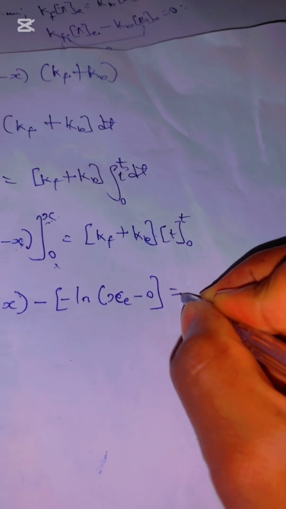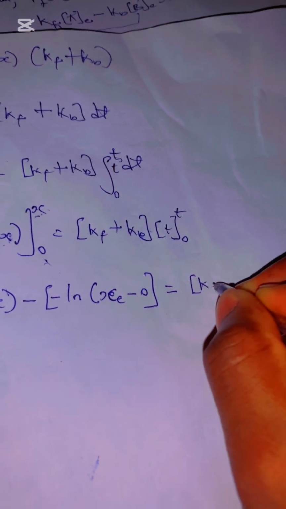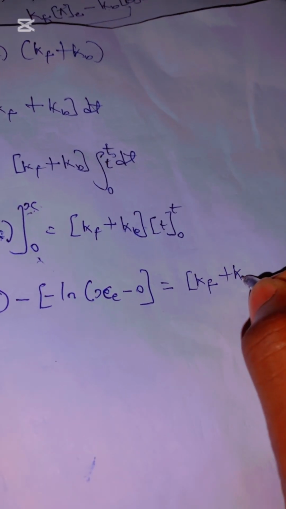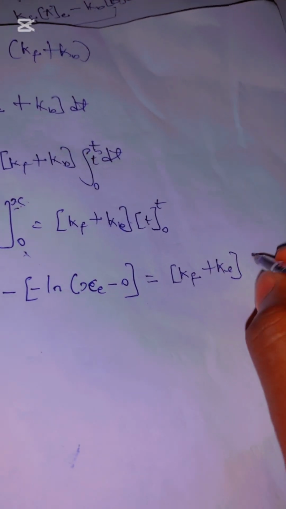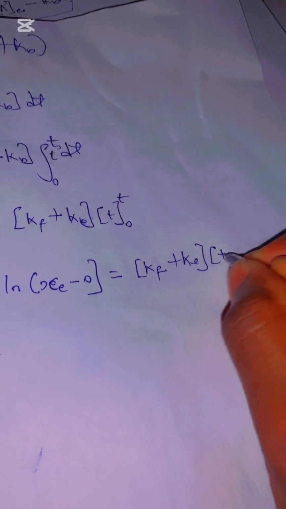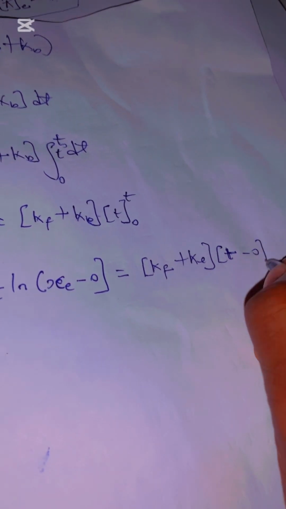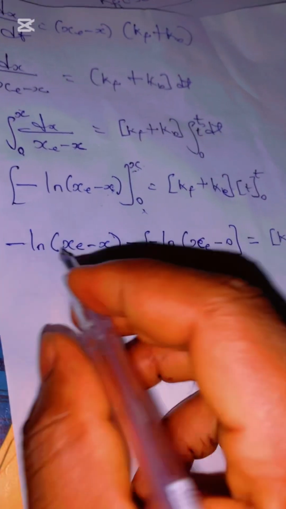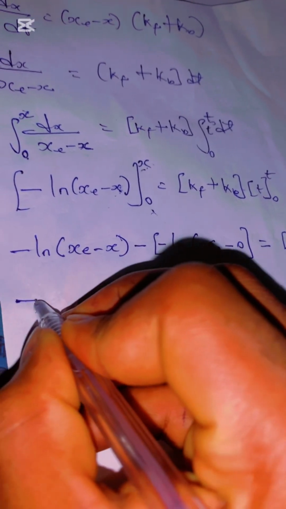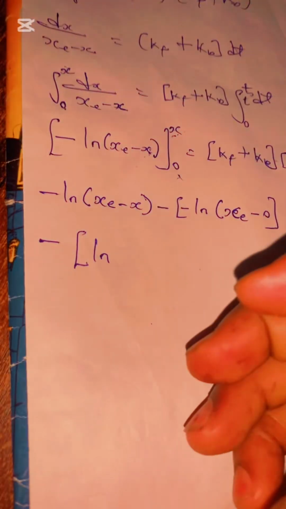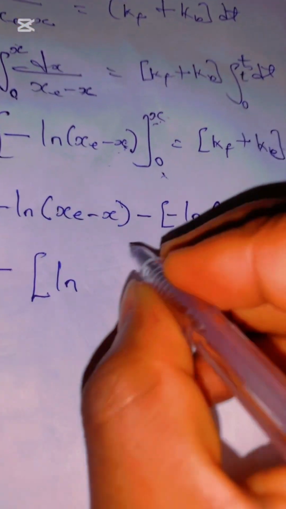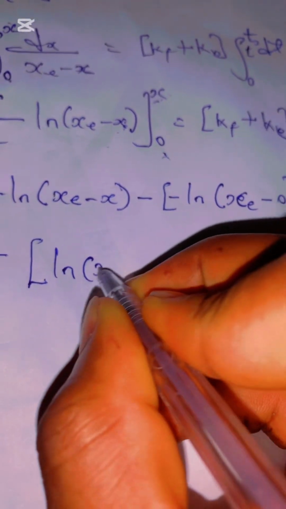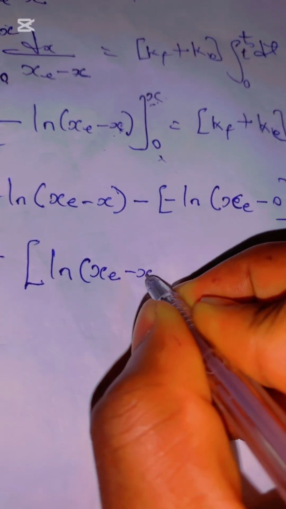Everything is equal to, I'm going to have my kf plus my kb, and then I have my open bracket t minus 0. So let's move on. So let's bring out minus. I have a lot of minus. Let me just bring minus out. So I'm going to have ln, open bracket, xe minus x.